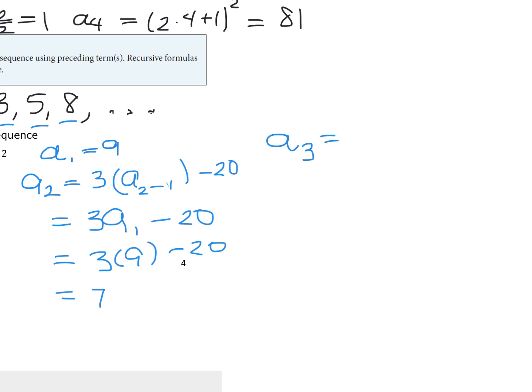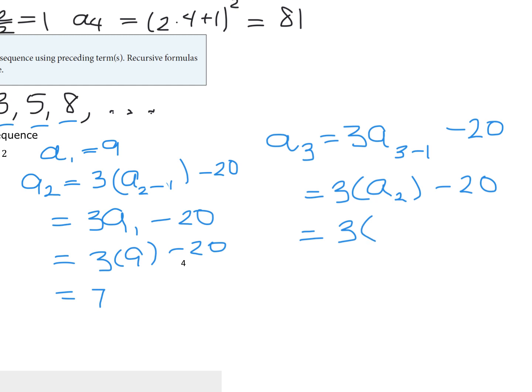This is 3 times a sub 3 minus 1 minus 20. So this is 3 times a sub 2, which is 7, minus 20. And so this is going to be 21 minus 20, which is 1.